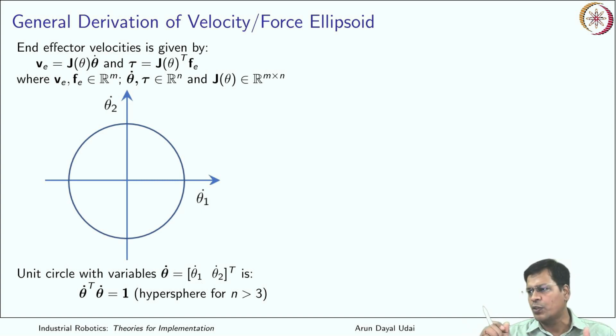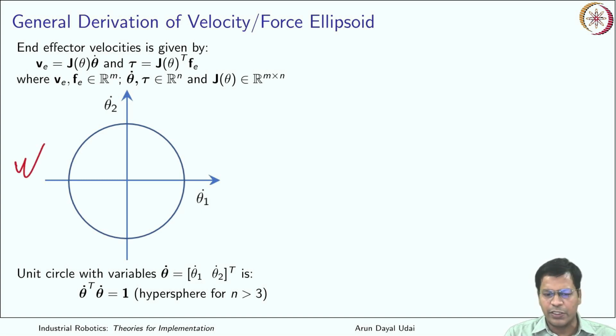So let us say you have a 2 degree of freedom robot to begin with. It gives you this particular combination, which is very useful in studying robot behavior in terms of velocities. Let us say you have theta 1 dot, theta 2 dot, which is plotted on a unit circle.